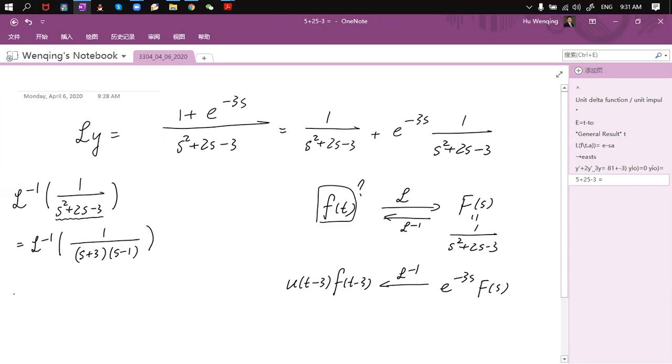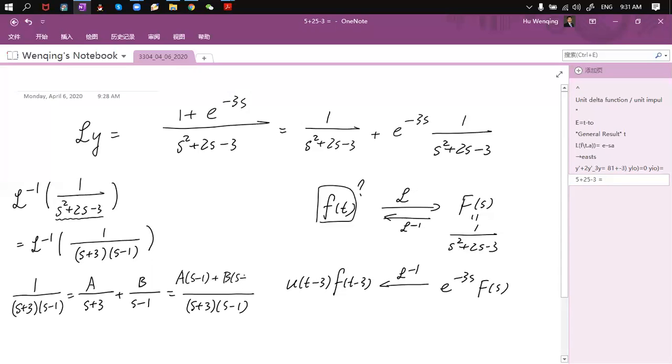So therefore, you want to do a partial fraction decomposition of 1 over (s plus 3)(s minus 1) into a over s plus 3, plus b over s minus 1. That's going to tell you that this is a(s minus 1) plus b(s plus 3), which is (a plus b)s plus 3b minus a, divided by (s plus 3)(s minus 1).